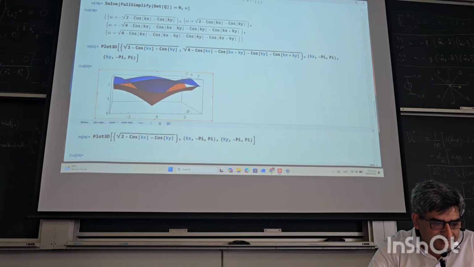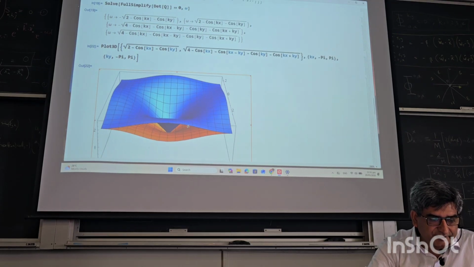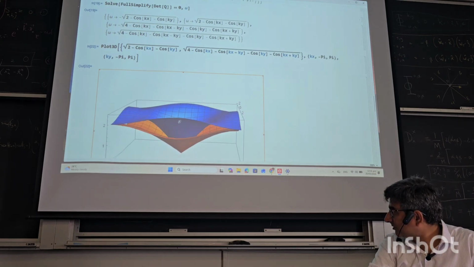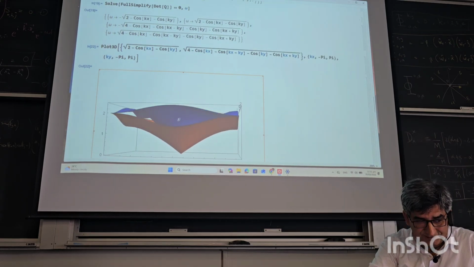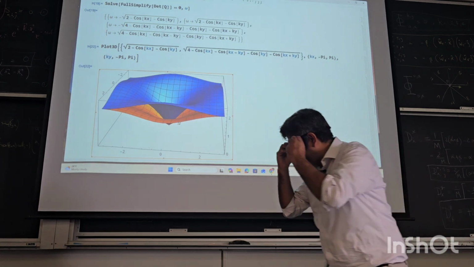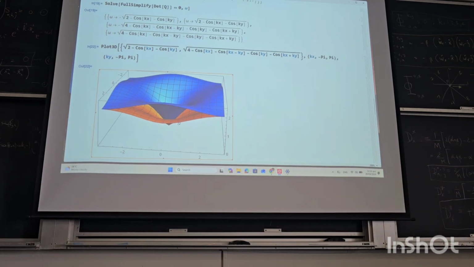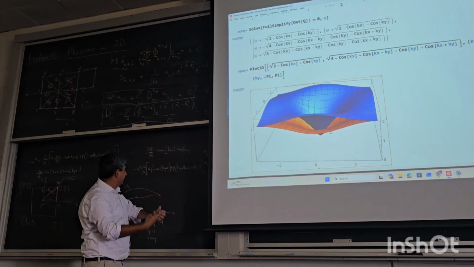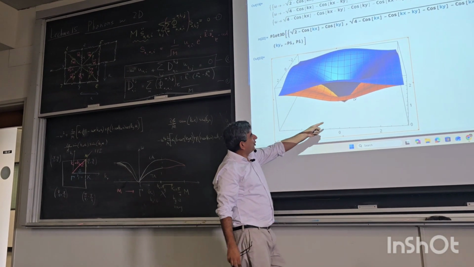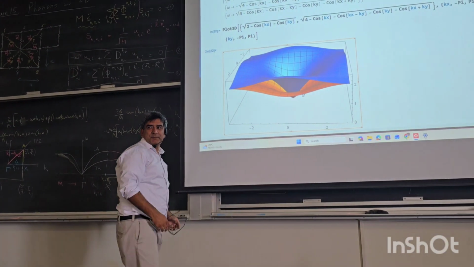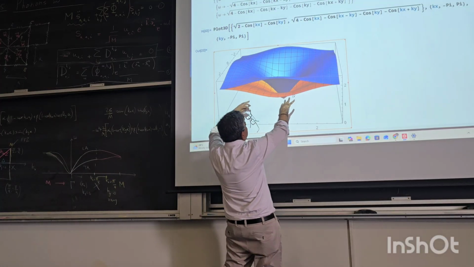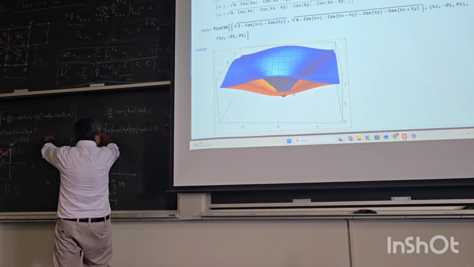I can tilt and turn around and see what it looks like in 3D, right? This is what it looks like. And it's immediately obvious that at the gamma point, everything boils down to 0. And this is obviously seen at this apex point. And this kind of floats around, expands a little bit and then comes down.